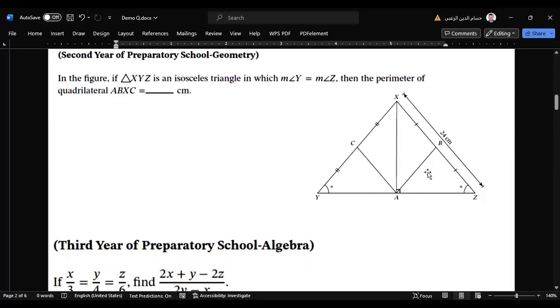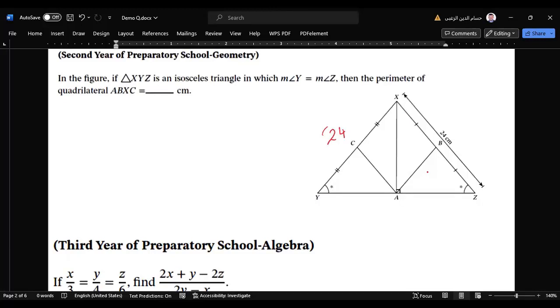So what we have here is an isosceles triangle, Z equals Y. Then here is 24, so here also is 24.